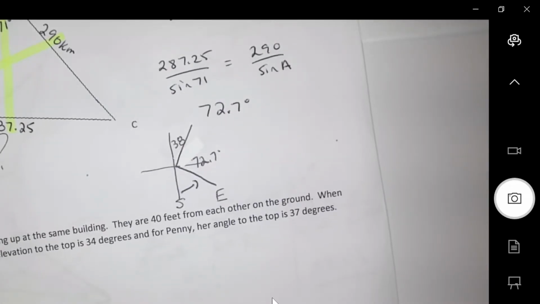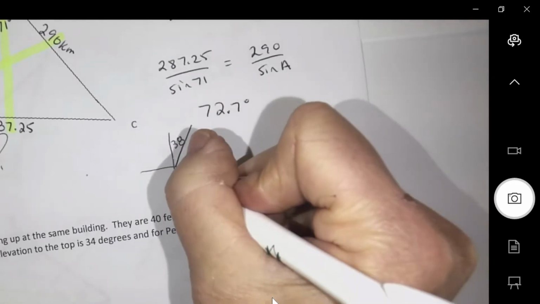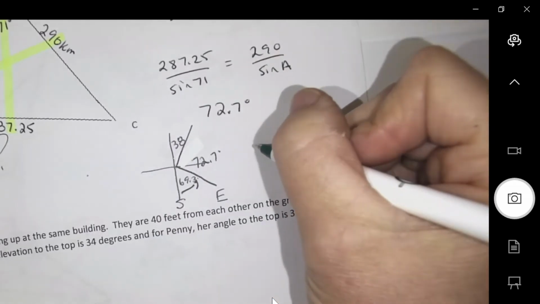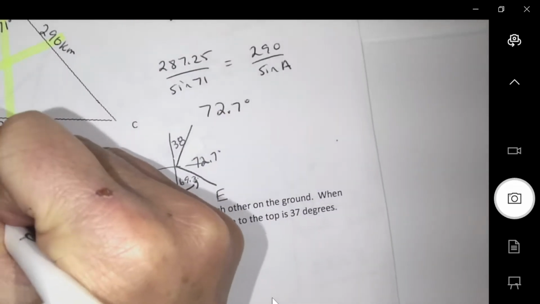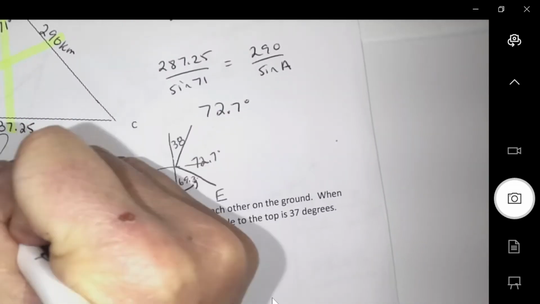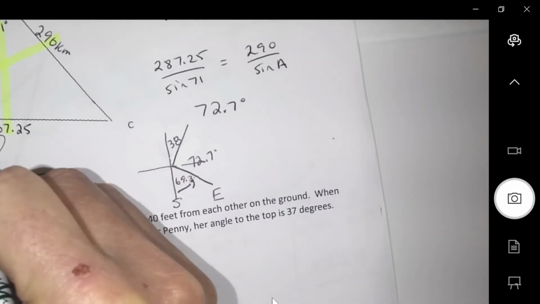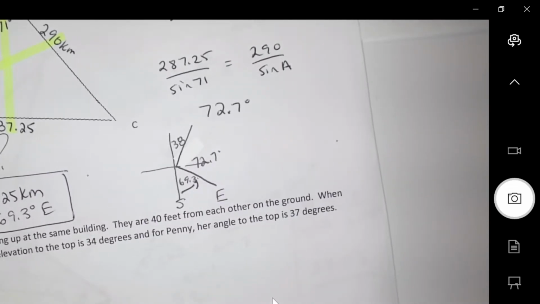So can you see that I'm doing it all the way from 180. And there we go. So that one will be on your test.